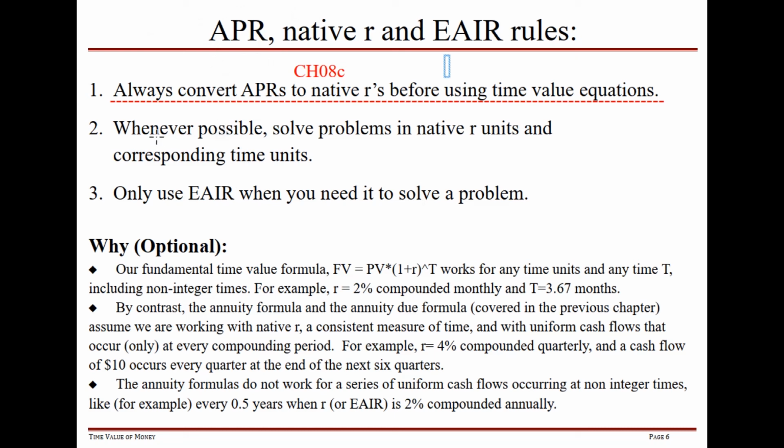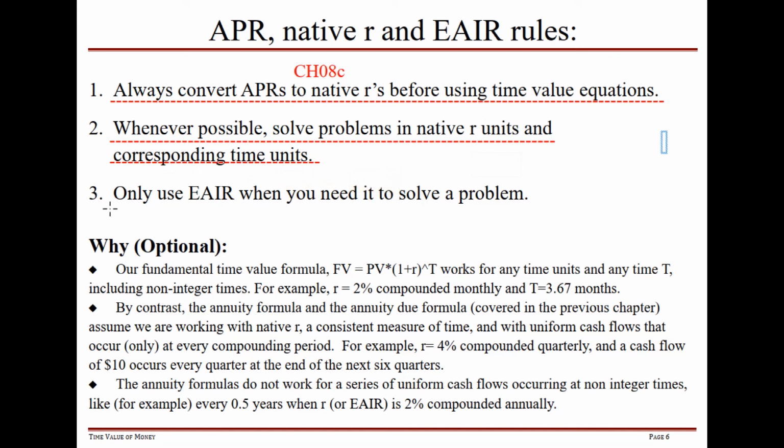Okay, so second thing is whenever possible, once we get rid of that APR, once we've squashed it like a bug, we want to solve our problems in our native units for R and the corresponding time units. So for example, we get our R into 6% compounded quarterly, and then we're going to measure T in quarters, not in years or days or months or something like that.